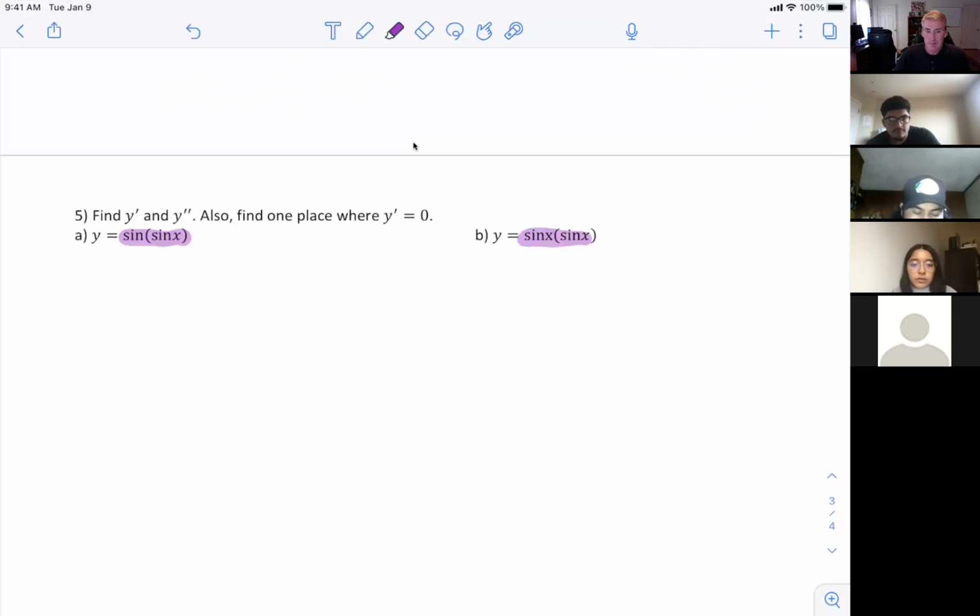The one has 2x and the other one has 1x only. So this one has a sine of x, but this one doesn't have that. So the difference is this one means take sine of x times sine of x. That means that we're going to be using the product rule.